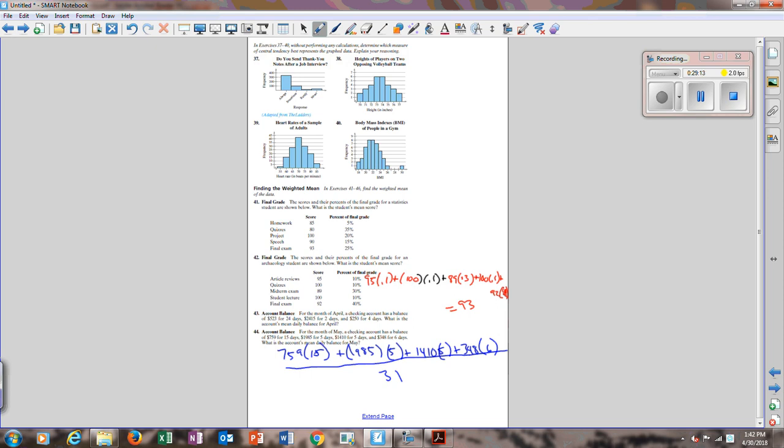And so you get an average balance of 1055.65. All right. Moving onward.